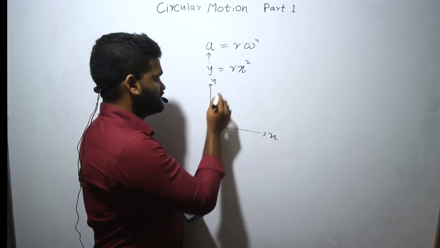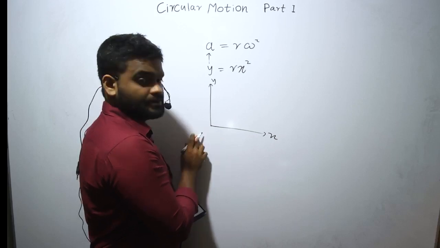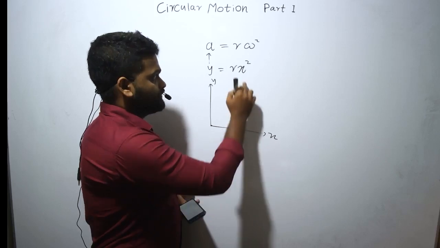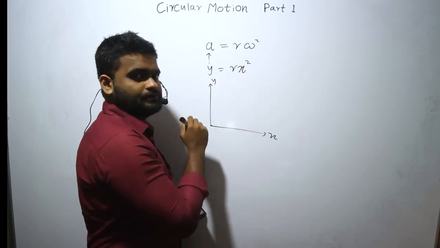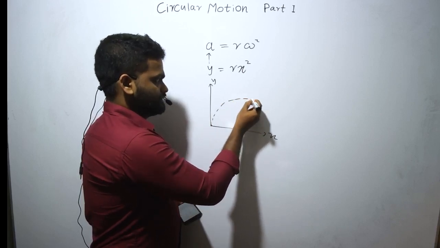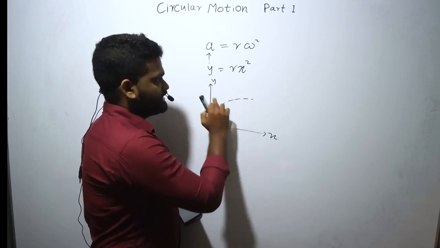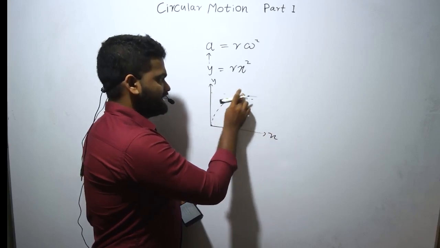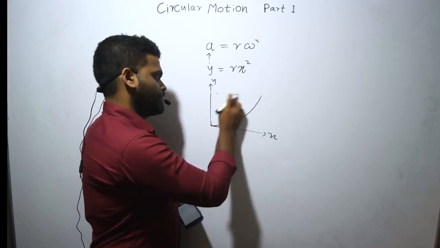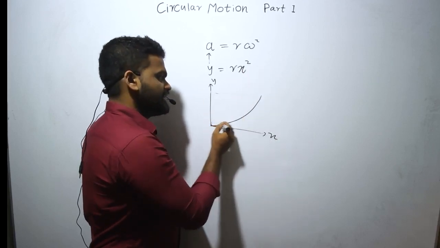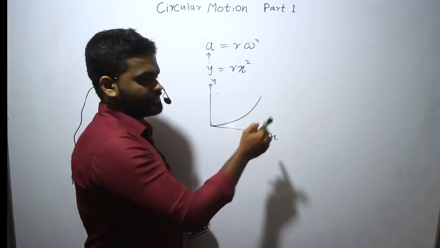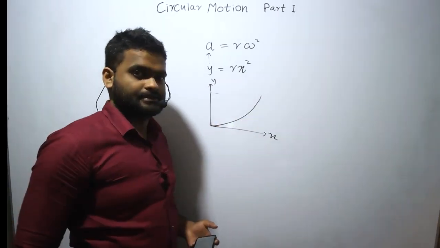When x is 0, y is 0, right? When x goes to infinity, y also should go to infinity. If you draw the graph like this, as x goes to infinity, y goes to a certain value. It cannot happen, right? So the shape of the graph should be to this side, not like this, it should be like this. You can see as x goes to infinity, y also goes to infinity. So the shape of the graph should be like this, right?